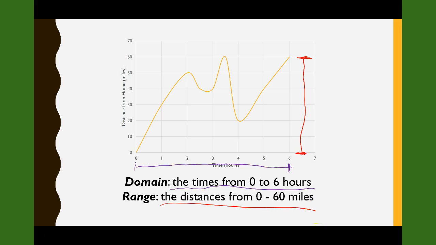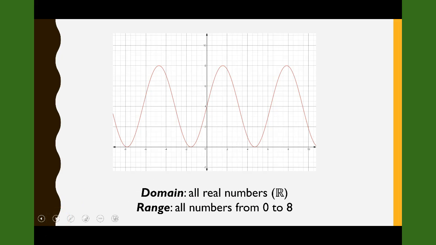Because we cannot list them one at a time, which we were able to do earlier, all we can do here is describe it in words. Actually, there is a notation to represent these domain and range, but we're going to save that for later. And lastly, we can have the following graph, and in this case the red graph just keeps on continuing, and thus the domain is all real numbers because it just keeps on going forever.